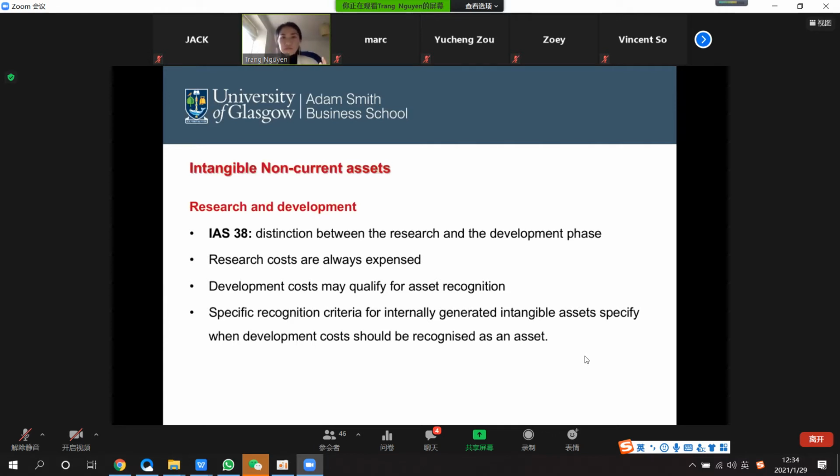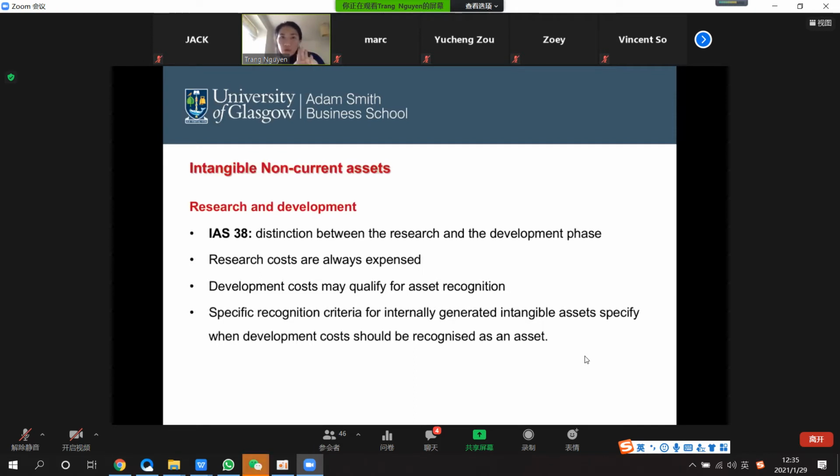If we have research and we have development, and development has already moved to assets, that development cost needs to be amortized or depreciated, and we still need to record the depreciation in the statement of profit or loss, or income statement, right?